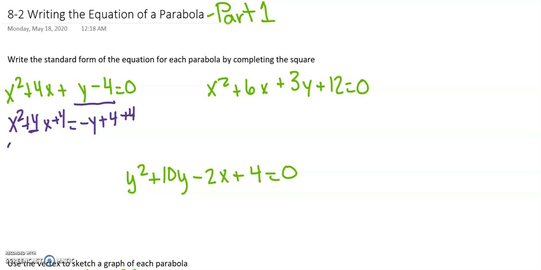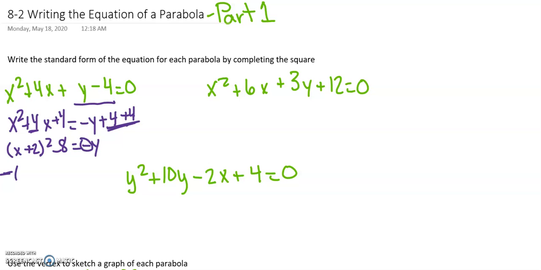Okay, and then we write this polynomial as a binomial squared. So half of b was a +2, and we're going to square it. And then we want to simplify this 4 plus 4, which is 8, and move it to the other side. Now, our y is negative, so that means that we are going to have to change the sign everywhere.